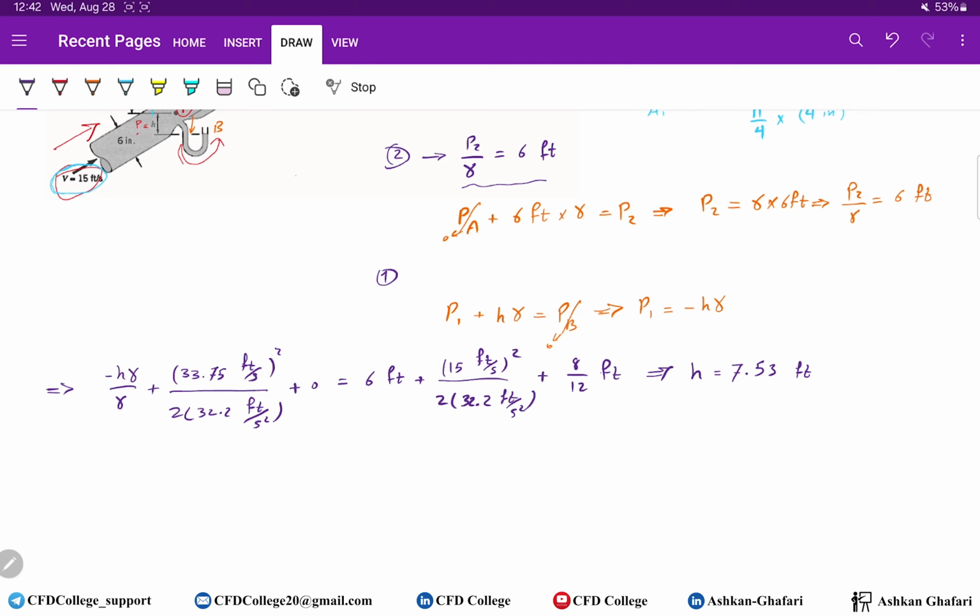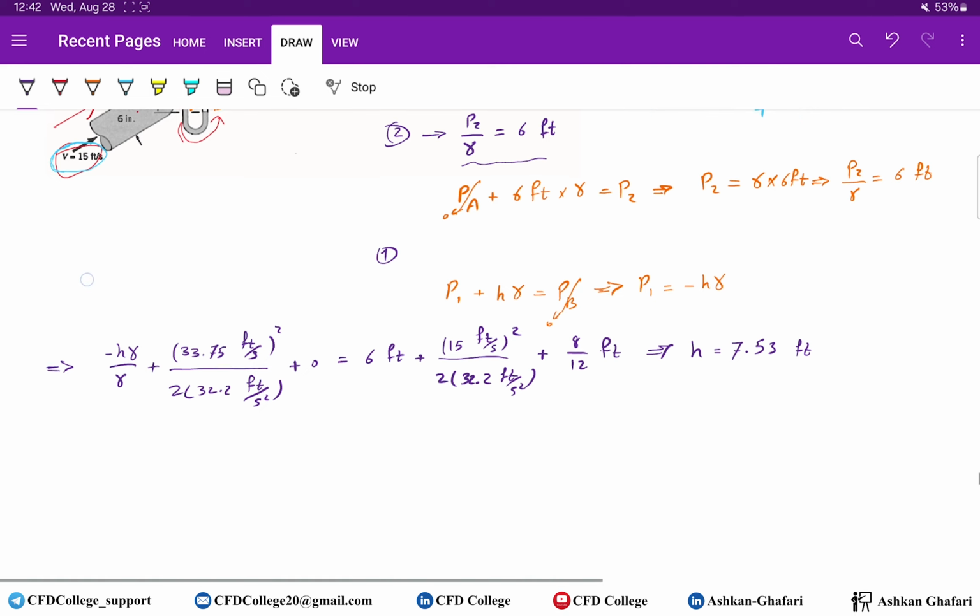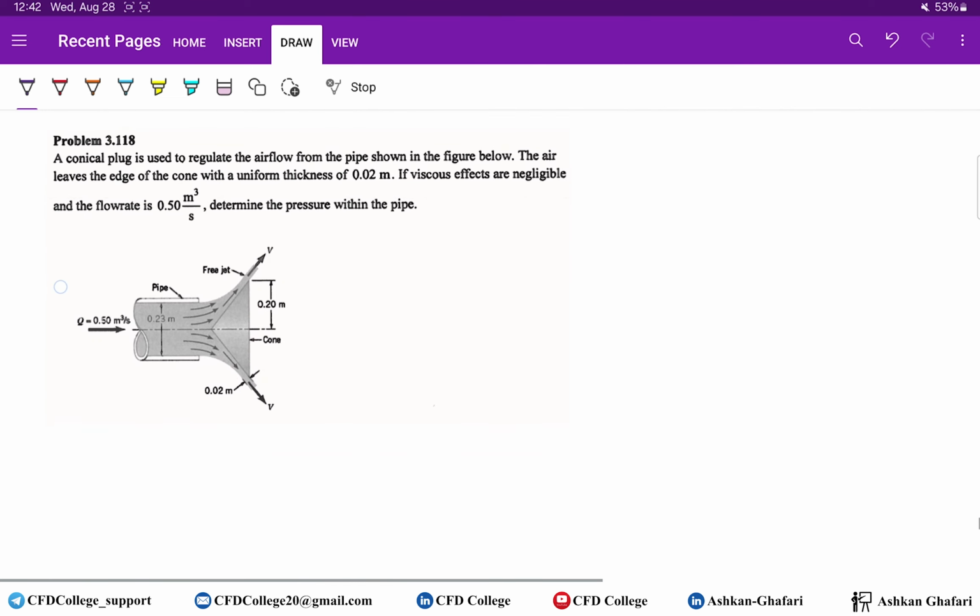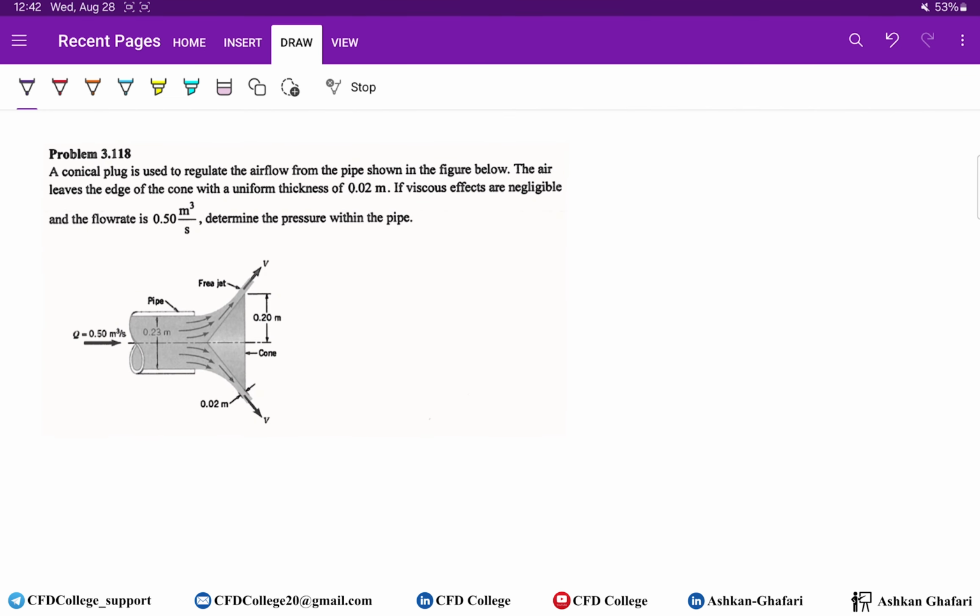See, it's simple. If you know how to deal with fluid mechanics, you can solve all the problems. Let's go to the next problem. Problem number 118 of chapter 3.